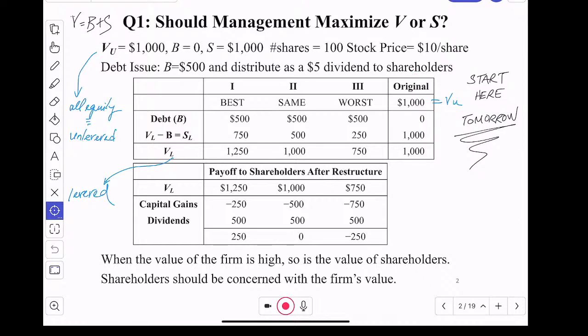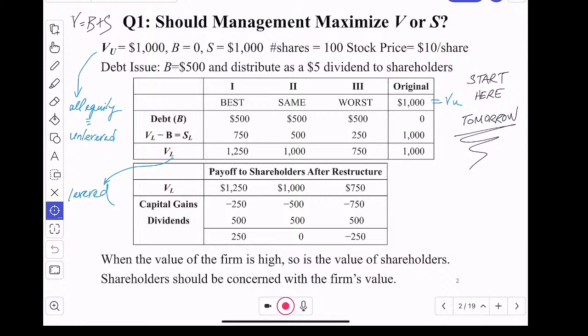So this is directly benefiting shareholders. We're going to talk about why they would do that after I get through this, but right now I want to demonstrate to you that shareholder equity is indirectly tied to the firm value.